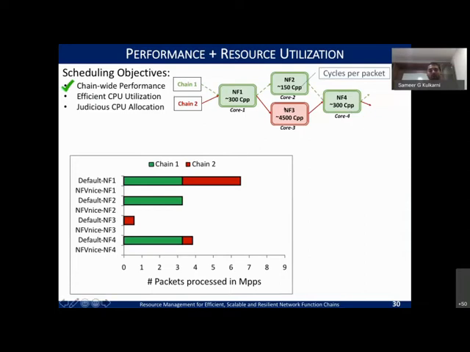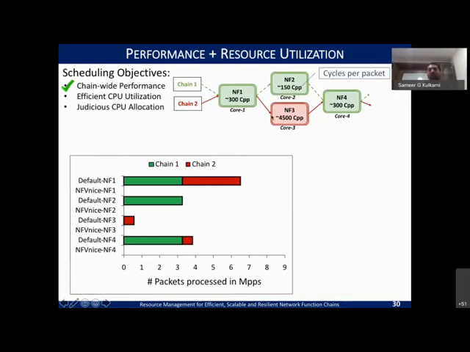Now what we see is, if you just deploy them in a vanilla system without NFV nice, the behavior is that NF1 will try to process as many packets as it can and push an equal number of chain 1 and chain 2 packets to both NF2 and NF3. But NF2 being lightly loaded can handle the packets that the green chain processed.